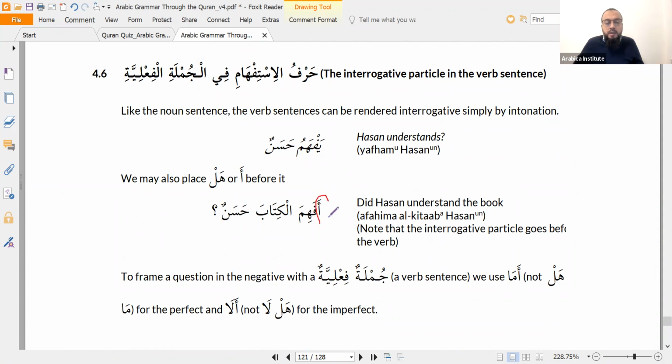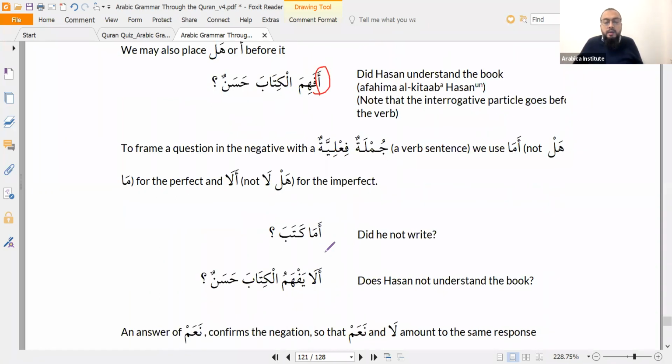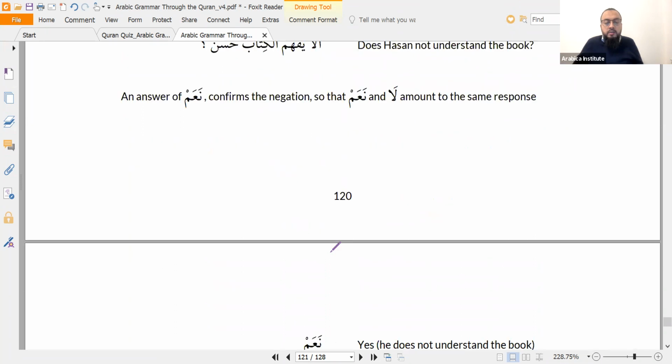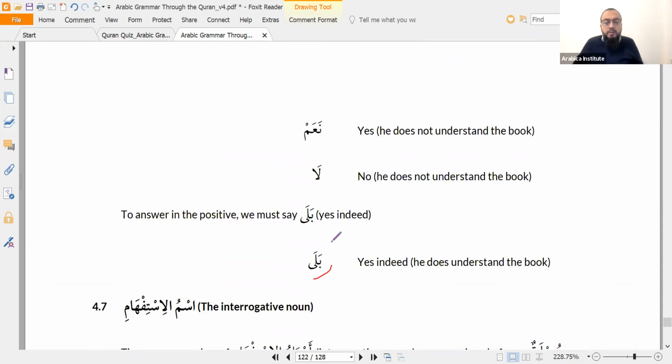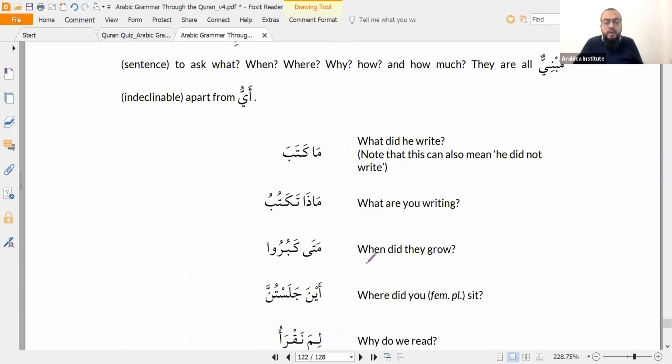You can use ha, you can use a or hal, or just intonation. When you ask a negative question, you say ala and ama. You don't say halma or halla. So you have to use the hamza when you've got a question. And in answer, of course, if you want to confirm, you say bala, not naam or la.